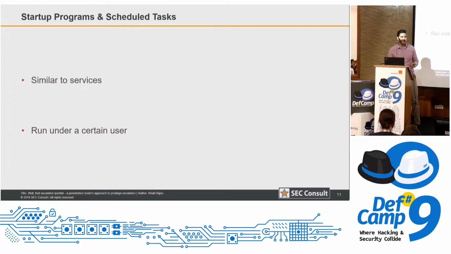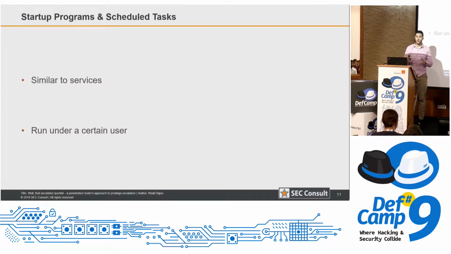The last two things that are important are startup programs and scheduled tasks. Startup programs and scheduled tasks are very similar to services. The difference between startup programs and services is that services are managed by the service manager, while startup programs are not.